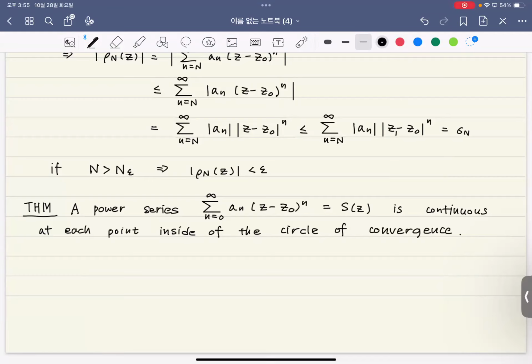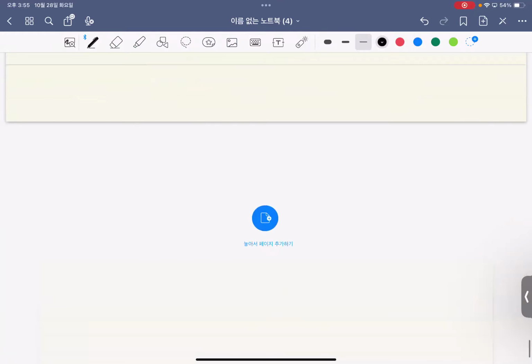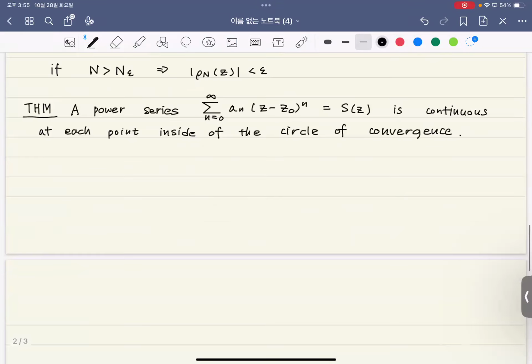So our function defined by a power series is always continuous. All right, let me prove that.